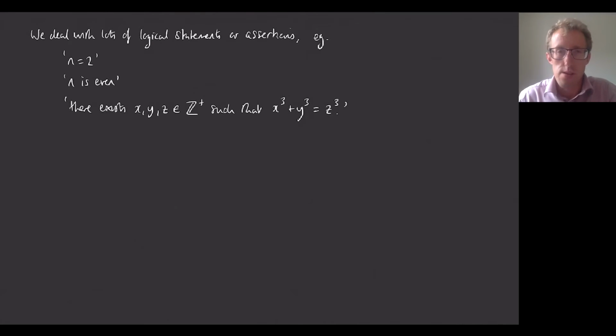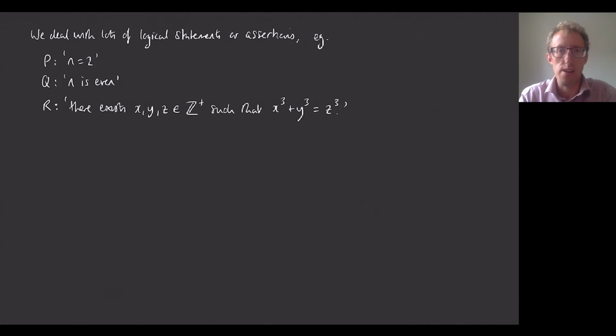Okay, and we have to connect these kind of statements logically to each other. And in order to discuss how we do that, we often give the statements names. We give them a letter. And we've seen examples of this before. It seems to be conventional to denote them by P and Q. So let me suppose that this one is the statement P, this one is the statement Q, and then this one can be the statement R. And we have to be able to deal with these things whether or not they're true.